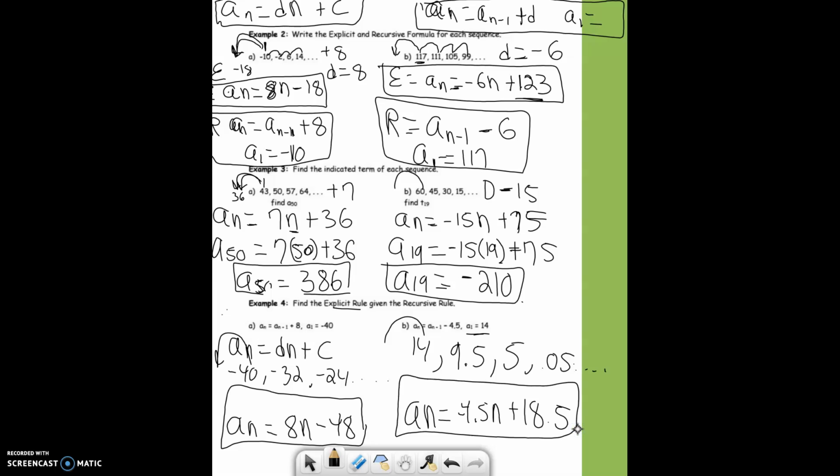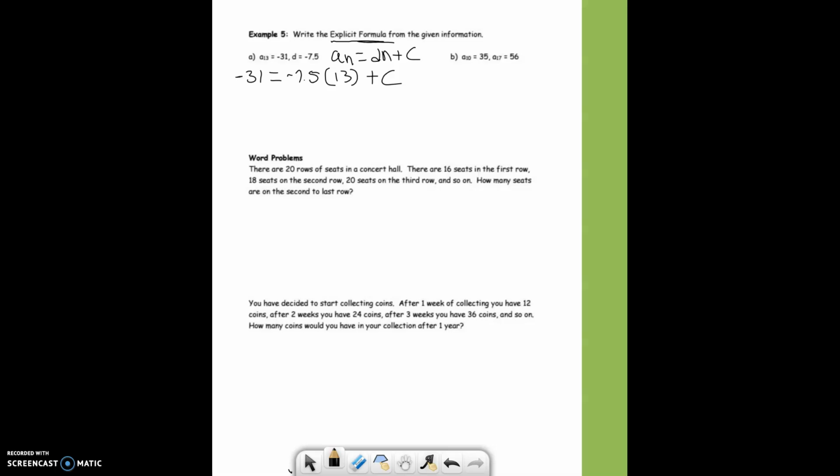All right. I'm going to take a look at a few more here. Oh, let me erase this. All right. So again, here's my formula, dn plus c. You'll notice we have d, and this is saying we have the 13th term. So the 13th term is negative 31.